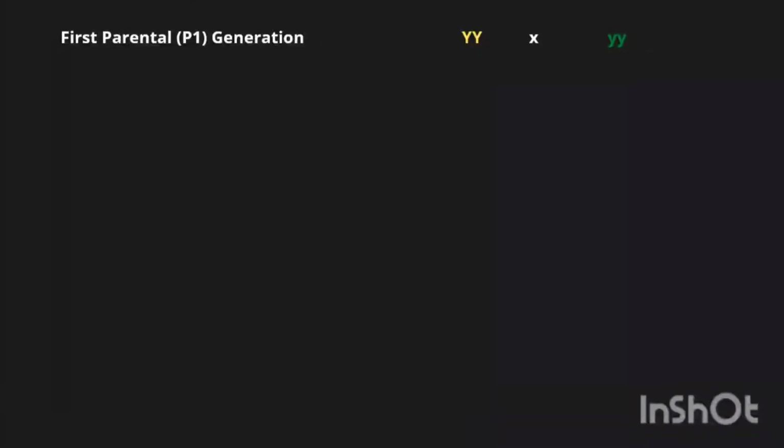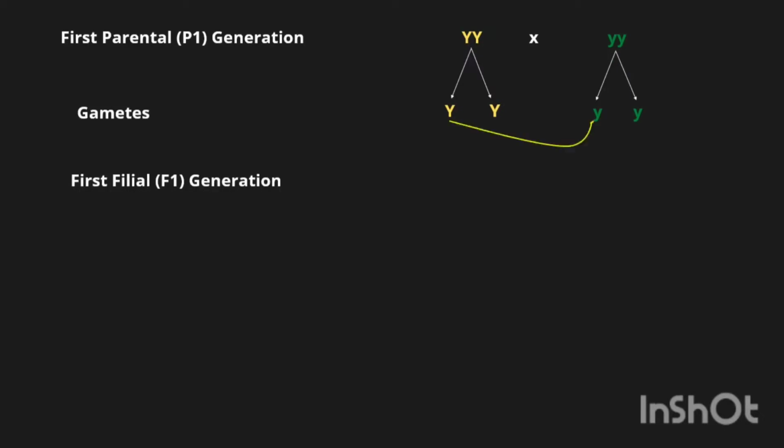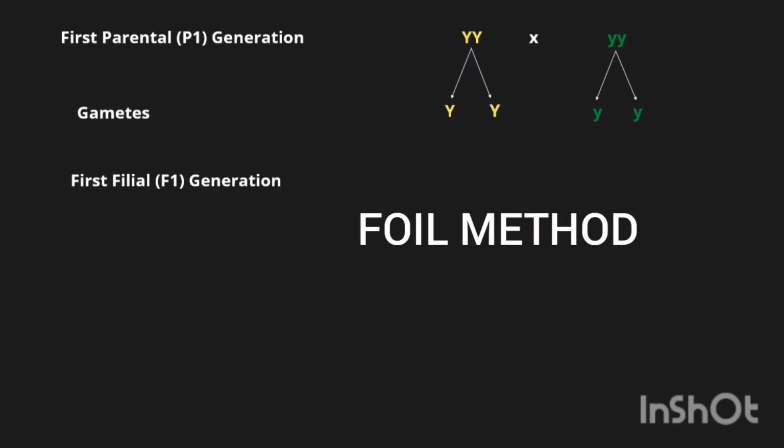For the first parental generation, we have yellow-seeded, which is pure-breeding, and green-seeded. Our gametes are an allele for yellow seed, another allele for yellow seed, an allele for green seed, and another allele for green seed. For our first filial generation, we will use the FOIL method.